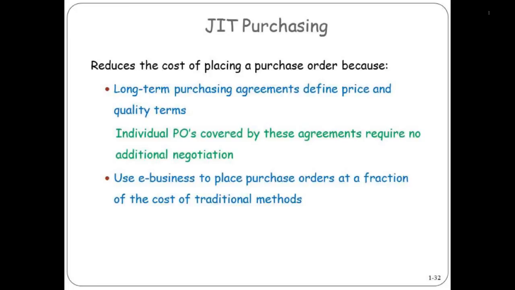So just-in-time requires long-term agreements between the vendor and the buyer. And generally speaking, the purchase orders, the request for goods, are, in today's world, done in an automated fashion. So you take a lot of the lag time out of it.